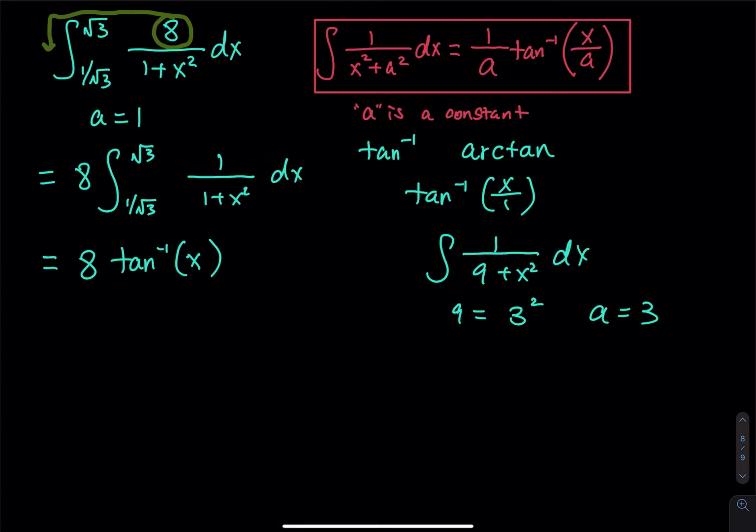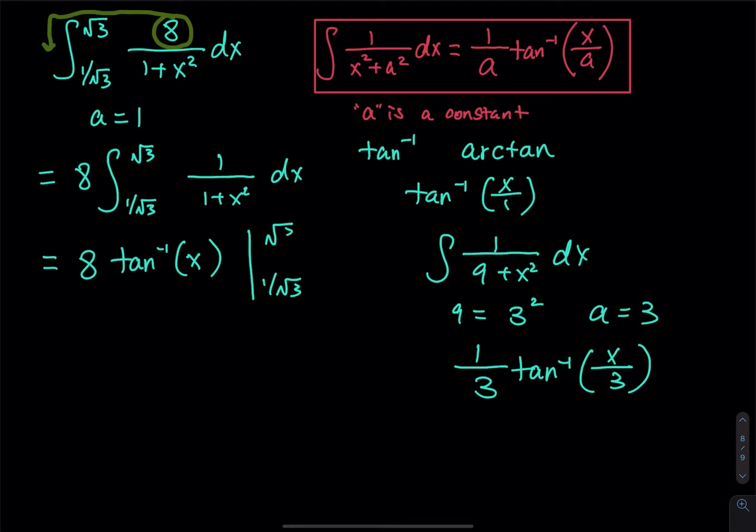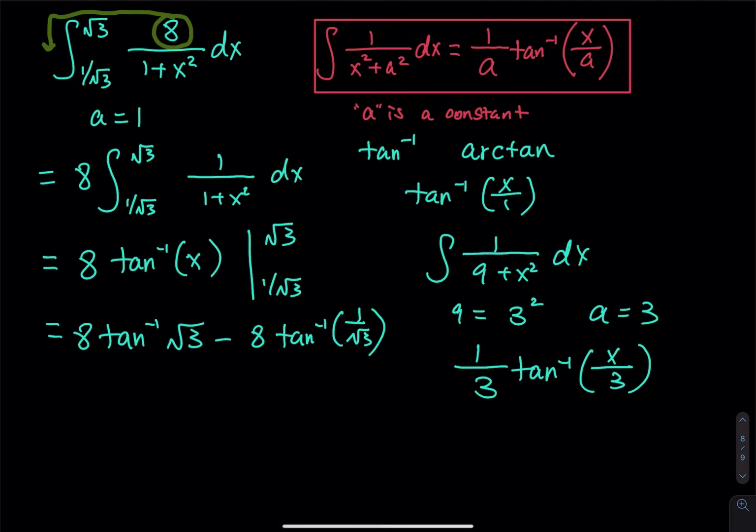To integrate that, you have 1 divided by a, which is 3, and then inverse tangent of x divided by 3. Now we have to say x goes from 1 over root 3 to root 3, and then you just plug it in. So that is equal to a times inverse tangent of root 3 minus a times inverse tangent of 1 over root 3. Wow, how do we evaluate that?